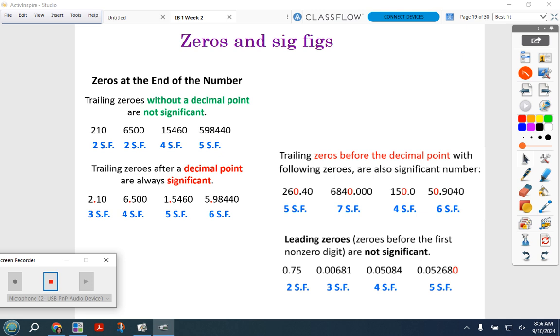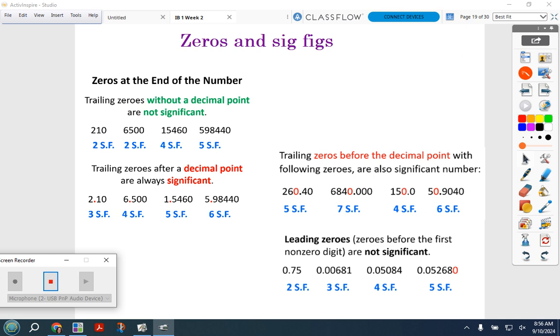If we have leading zeros, which we're only going to have if there's a decimal place, right? Because you don't write 0 1 0 for 210. Leading zeros are not significant. So if they come before the first non-zero digit, they are not significant. Doesn't matter how many places there are after the decimal point.